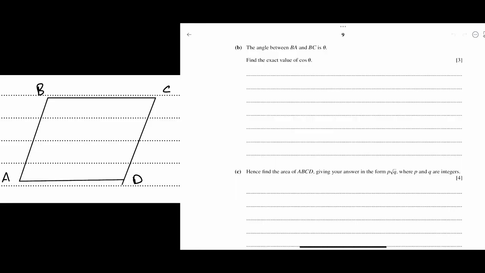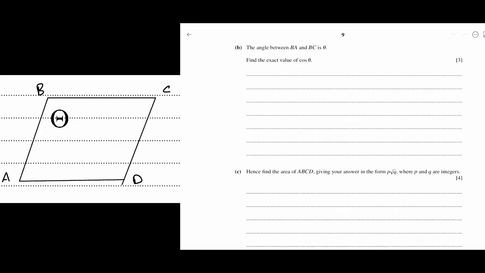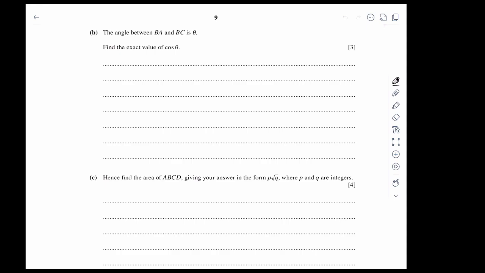Now, we are told that the angle between BA and BC is theta, and it wants us to find the exact value of cos theta. What will be helpful here is to define what BA is and what BC is.